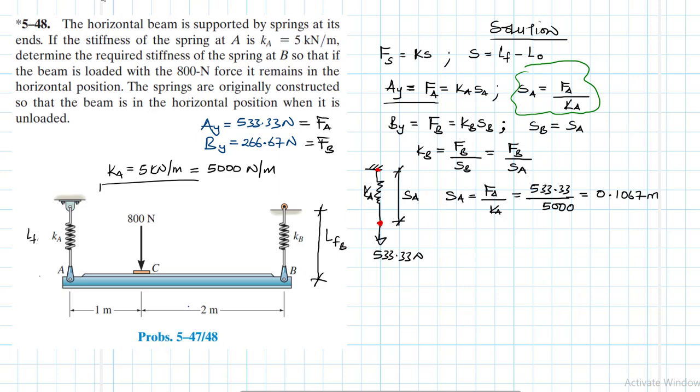What did we say? We said for this beam to remain horizontal, the stretch in spring A has to be equal to the stretch in spring B. Therefore, this is going to be equal to this one.